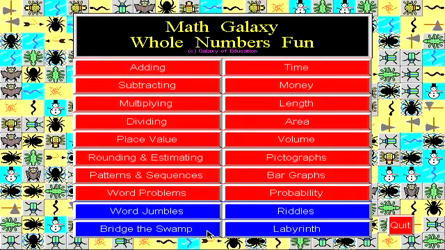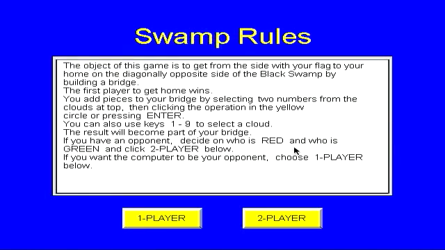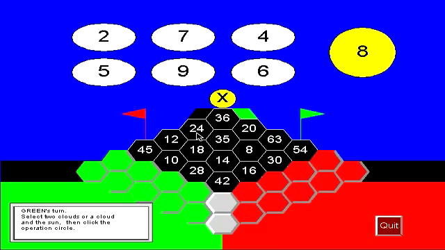There's also a game called Bridge the Swamp, where you can practice these operations. For example, multiplication. There are 3 board sizes. Red is trying to build a bridge in this direction. Green is trying to build a bridge in this direction. And the first player to complete a bridge and block the other player wins.